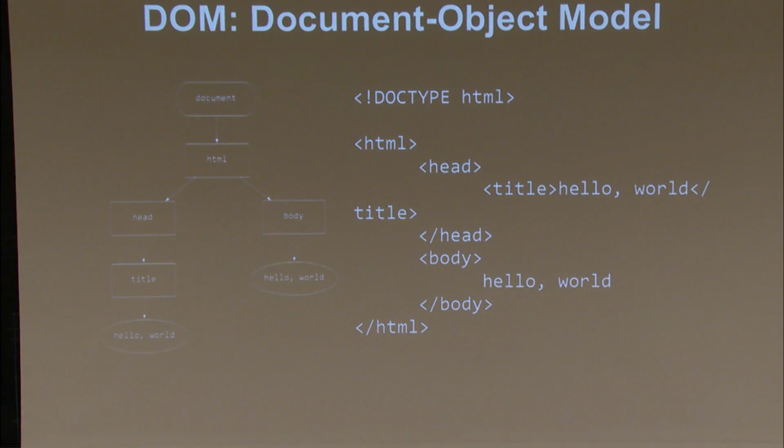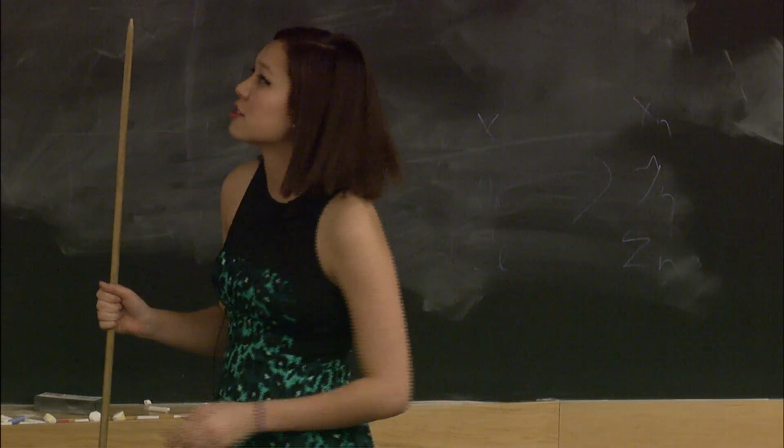And when we get into more JavaScript, it's going to be the way that we actually manipulate different elements on the page. We need a way to access each of the things in our HTML, and this gives us a very concrete, standardized way across various web pages to do that.